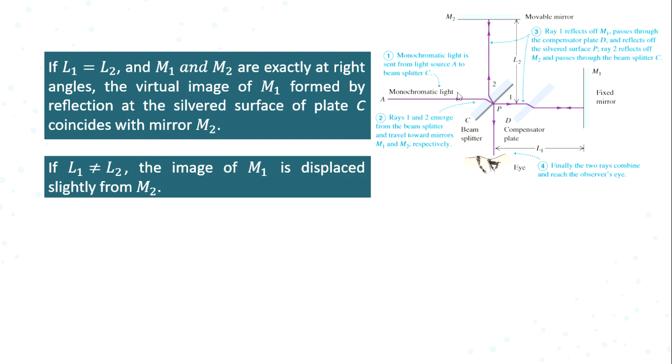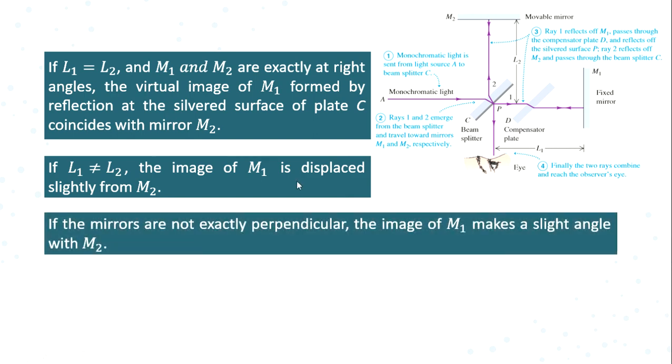What is meant by L1 and L2 here is the distance between the beam splitter and the mirrors. If the mirrors are not exactly perpendicular, the image of M1 makes a slight angle with M2.